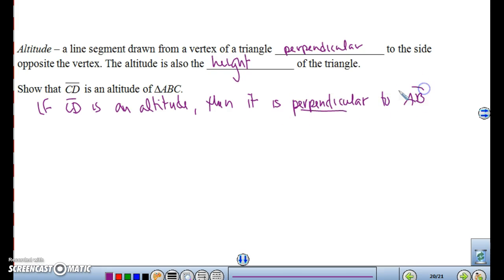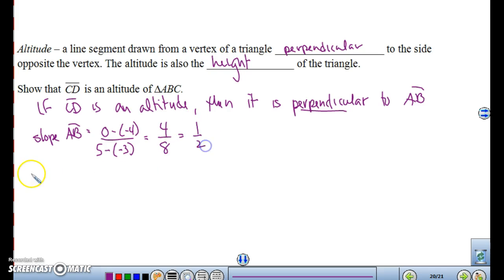So how would we prove it's perpendicular? Well, perpendicular, you prove with slope. So let's figure out the slope of AB. All right, using our coordinates for AB, delta y over delta x, it would be 0 minus -4 over 5 minus -3, which is 4 over 8, which is 1/2. And then we want to figure out the slope of CD, which would be, using your coordinates you found, -2 minus 4 over 1 minus -2, which would be -6 over 3, which is -2.